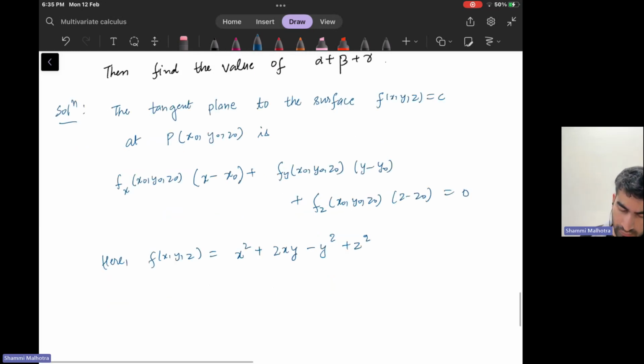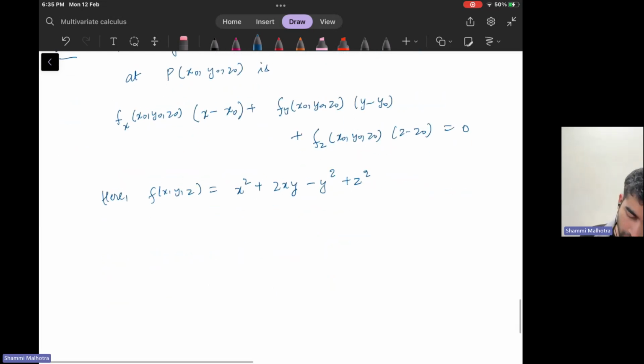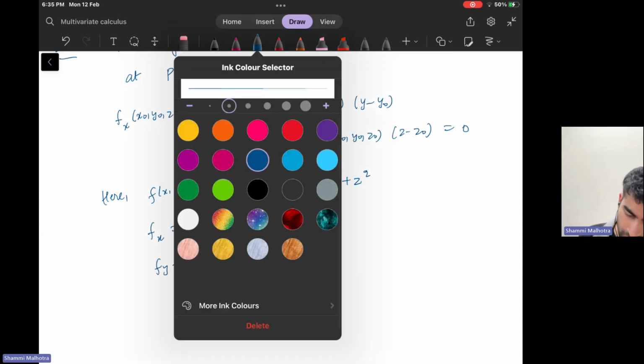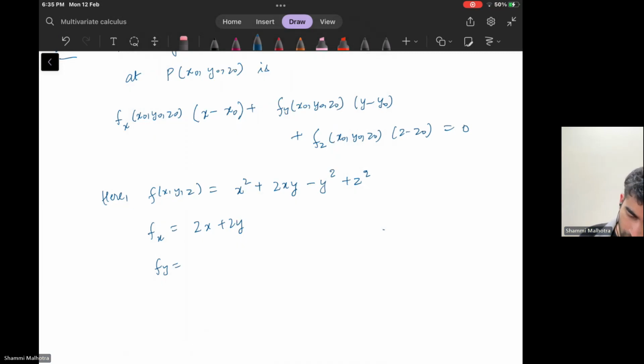So let us evaluate the partial derivatives. So fx would be 2x plus 2y. Fy would be 2x minus 2y, and the partial derivative with respect to z is given as 2z.